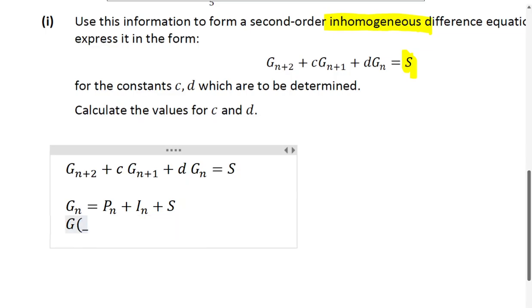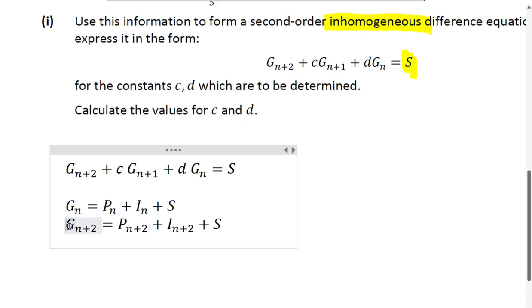So we can say G_{n+2} equals P_{n+2} plus I_{n+2} plus S. Because, and I'm going to scroll up in a second, it says for any n.